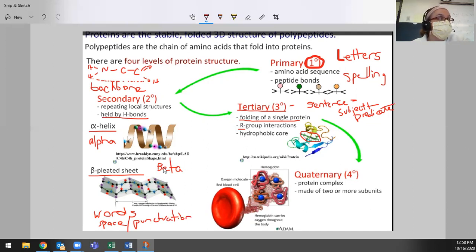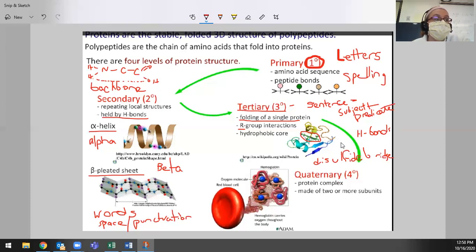Now, they didn't list this out, but the tertiary, I'll try to write it here. It's held in place by hydrogen bonds. It's also held in place by those disulfide bridges we talked about. I'm not listing these in order of strength of bond.